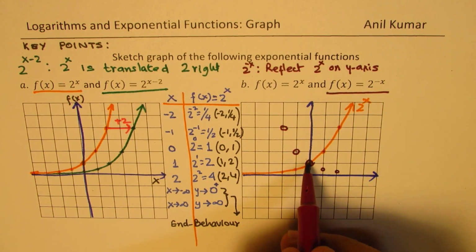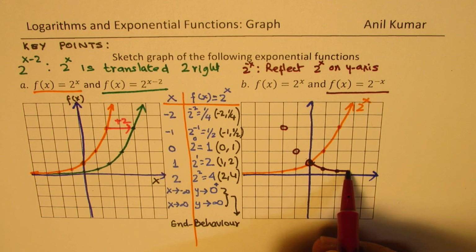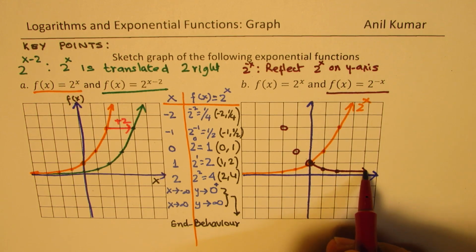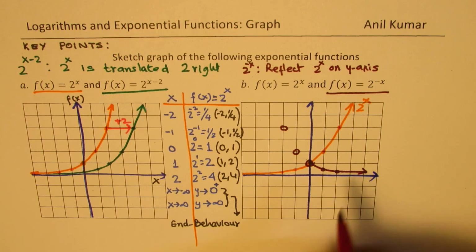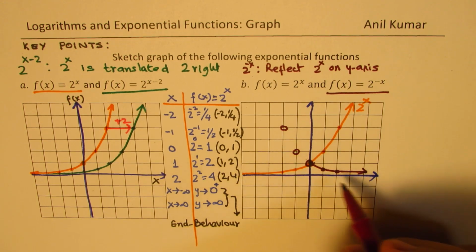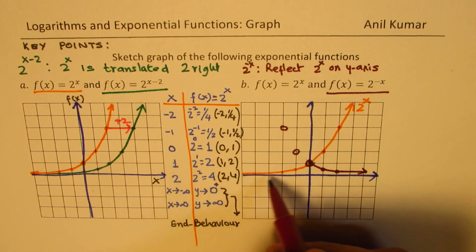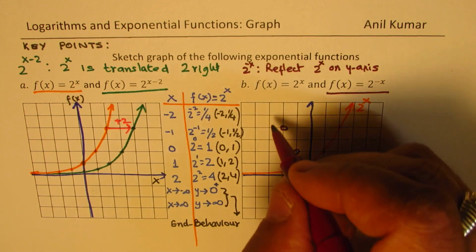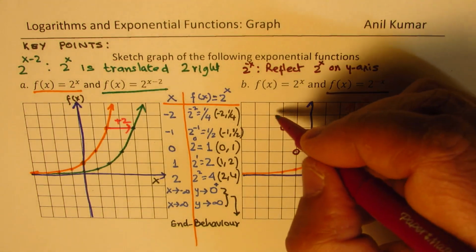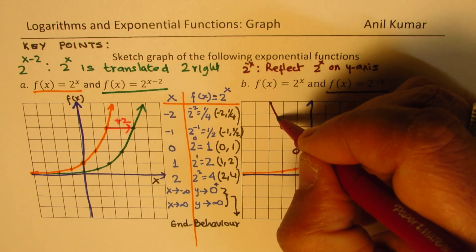Right. So what we have is a graph which is now approaching in this direction. For positively infinite value of x, it approaches 0, right? So earlier it was always increasing, now it becomes always decreasing, right? Do you see that part? So that is how the graph is going to be.